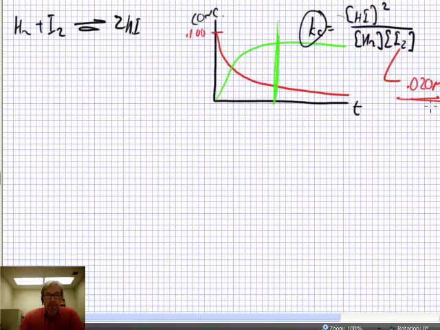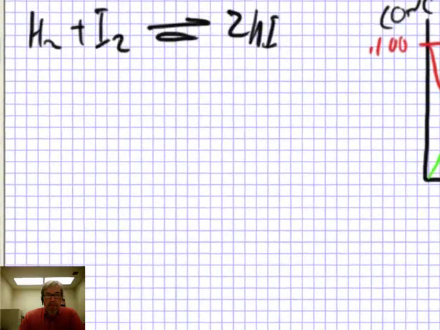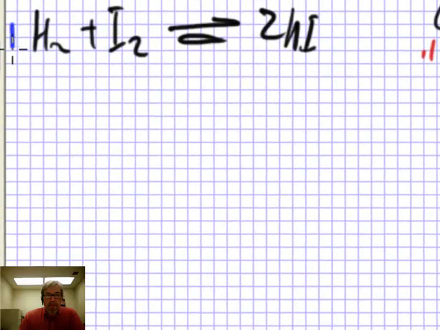And so here's how we solve this kind of problem. We use what's called a RICE chart. And here's what RICE stands for: reaction, initial, change, and equilibrium. So you have this chart that has 4 lines. The first line has the reaction. The second line has the initial concentrations of all species present. In this particular reaction, 0.2 moles of H2 and 0.2 moles of I2 are put in a 2-liter flask.